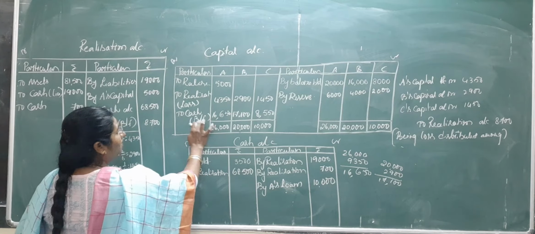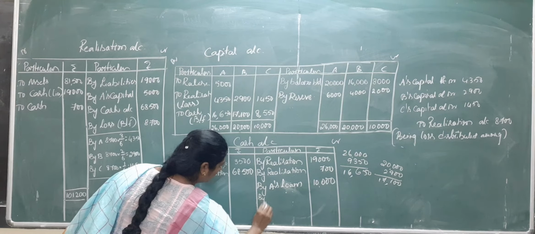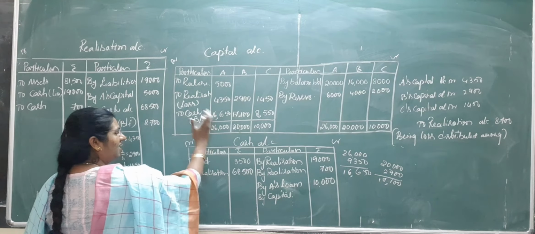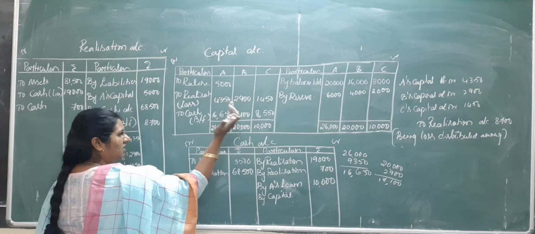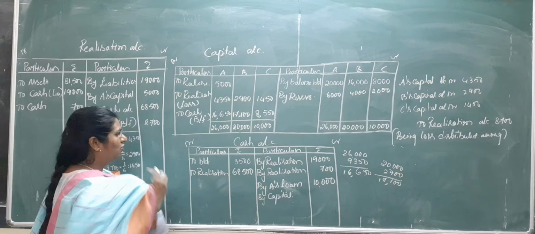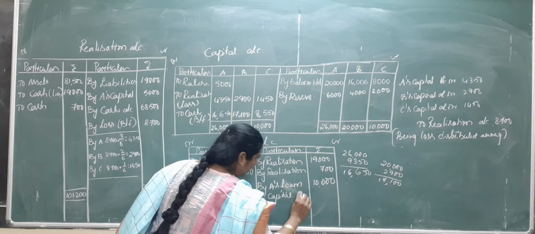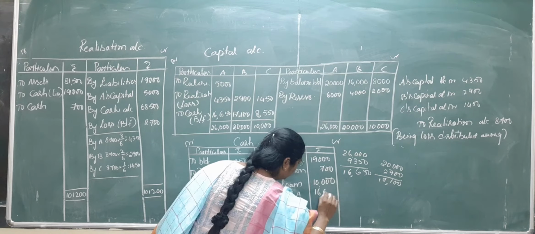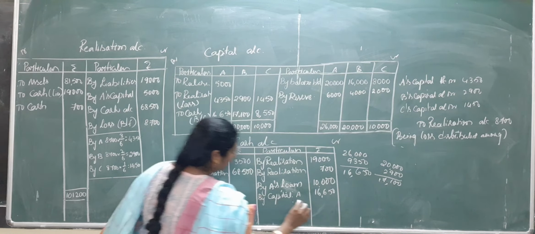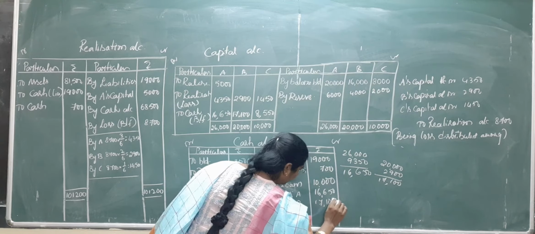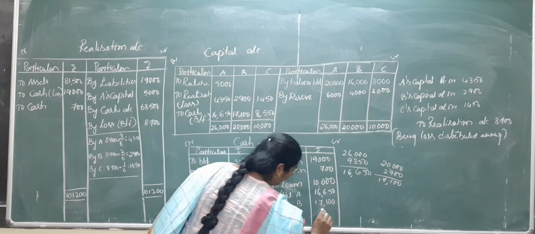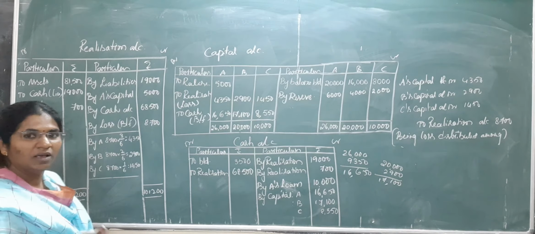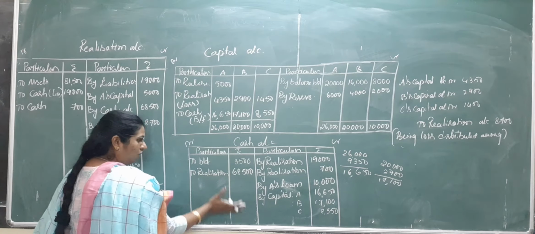Now the payment by each and every partner by capitals. It's your choice, students. If you want to write A's capital, B's capital and C's capital, you write it. So I have written over there A, B and C: 16,650 that A has to pay, 17,100 by B and 8,550 by C. Okay, so let us close this cash account.